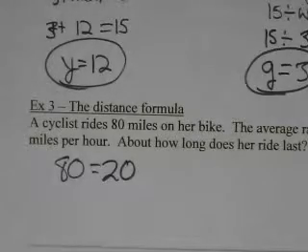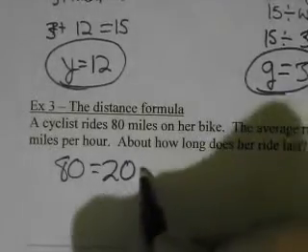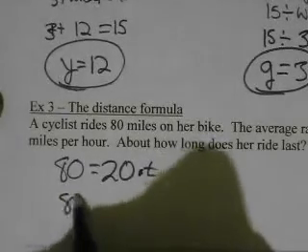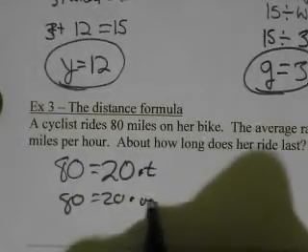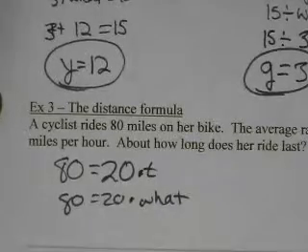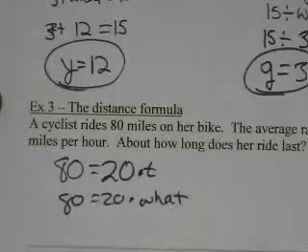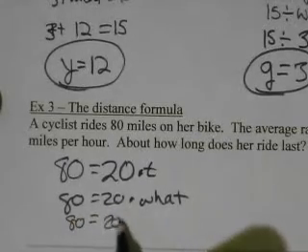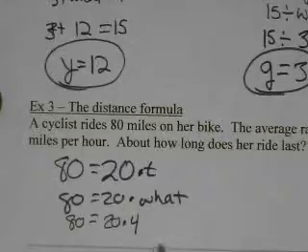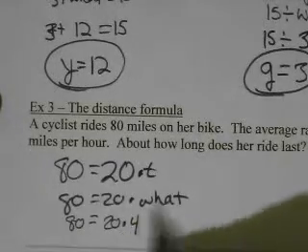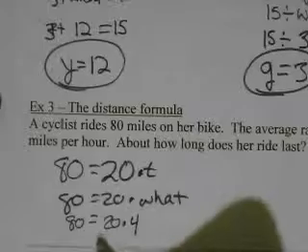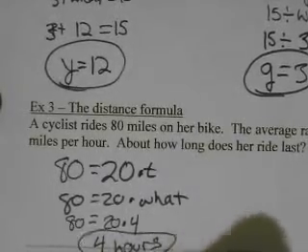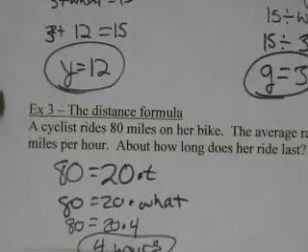So we need to figure out what her time is. Well, 80 equals 20 times what? Once you start thinking about your times tables, you think that 80 is 20 times 4. So our answer here is our rider rode her bike for 4 hours. And that's the solution to our equation.